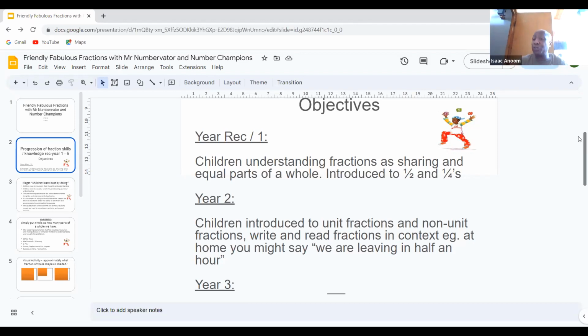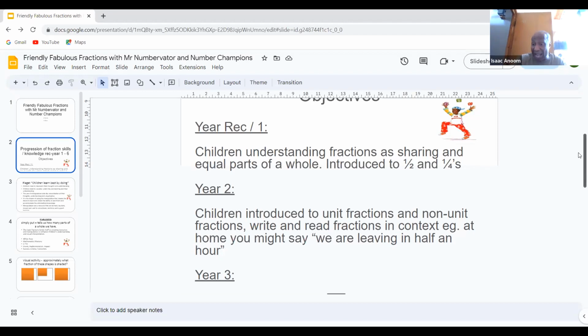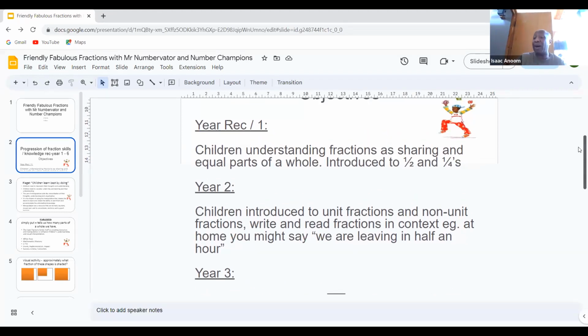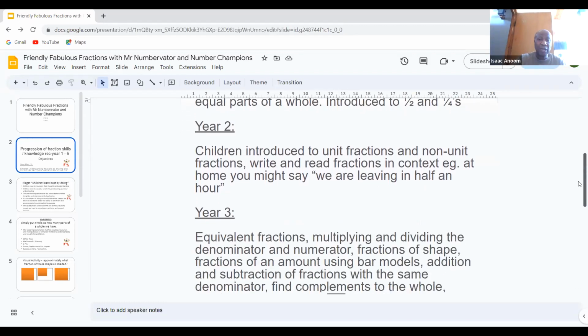So this is how we are talking to our children from a very, very young age, using the vocabulary, the language of fractions. We do it incidentally, but for children in year 1 and 2, we really have to make the language explicit so that they understand what we mean by half an hour and a quarter of an hour.